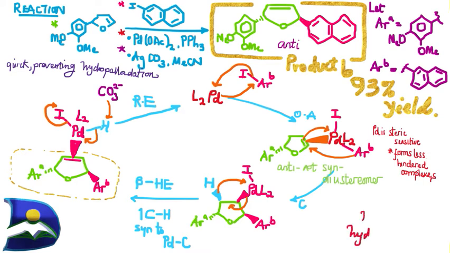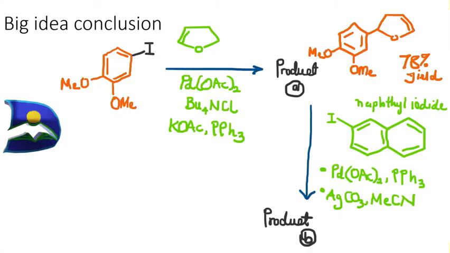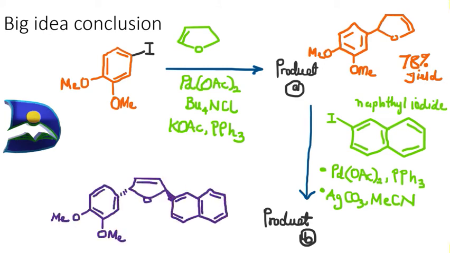So in this particular reaction cycle, there is no hydropalladation, mainly due to the base that is used right there. So in this video, the big idea conclusion is that we are able to decide on which base is appropriate to enhance the hydropalladation step in step A, and in step B we use a different base in order to create our final product that is anti to each other.